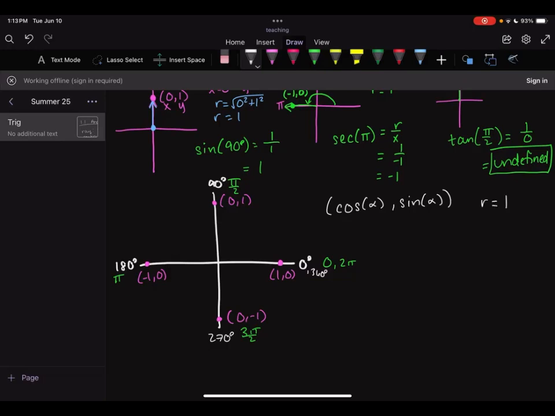So cosine of an angle would be x over r, so in this case, x over 1, so just x. Sine of an angle is y over r, so in this case it'd be y over 1, so just y. So instead of writing points as x comma y, I can also think of them as cosine comma sine.